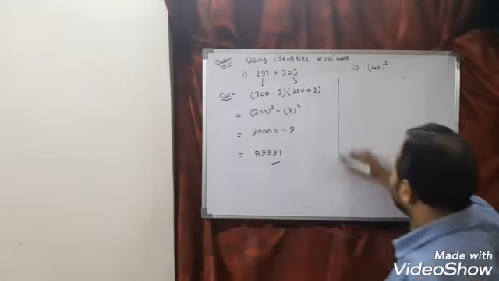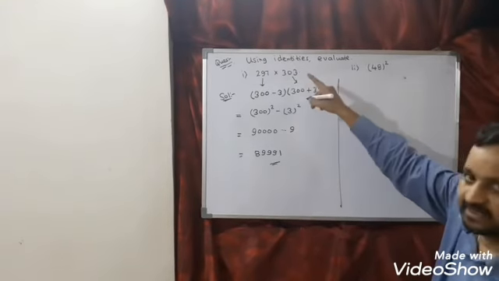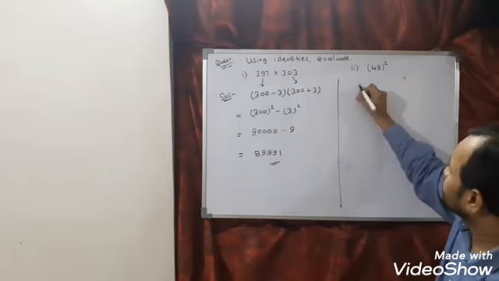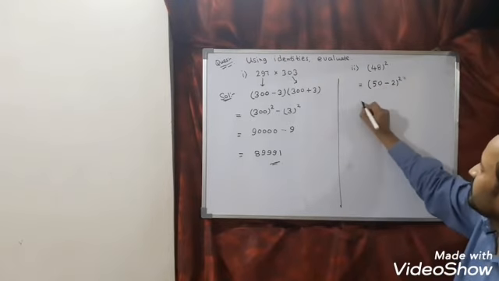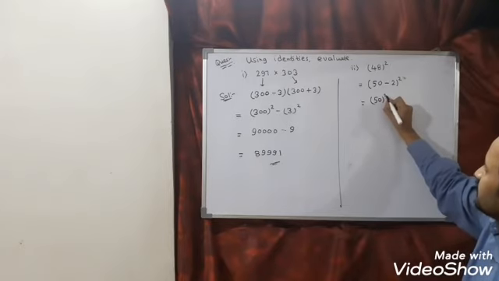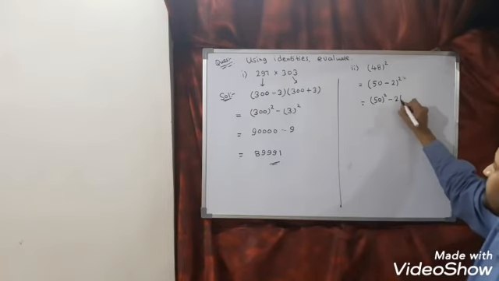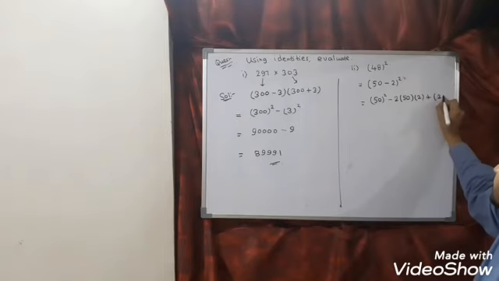Let us see the solution of this. Now 48 we can write, using identities, as 50 minus 2 whole square. A minus b whole square formula: a square minus 2ab plus b square.